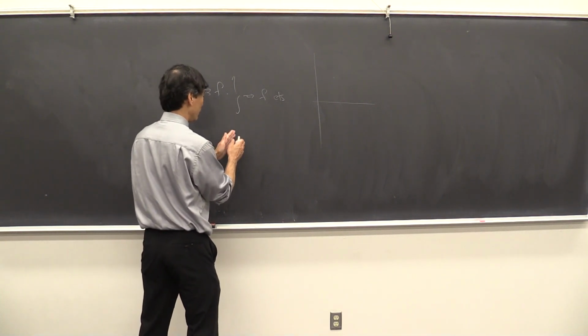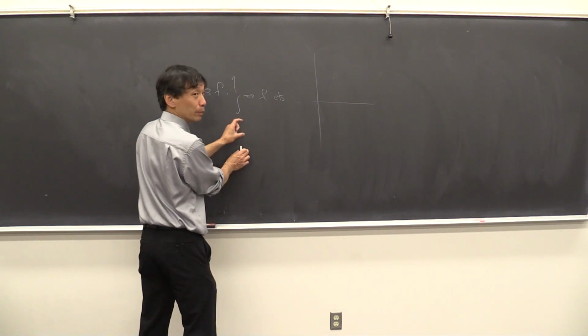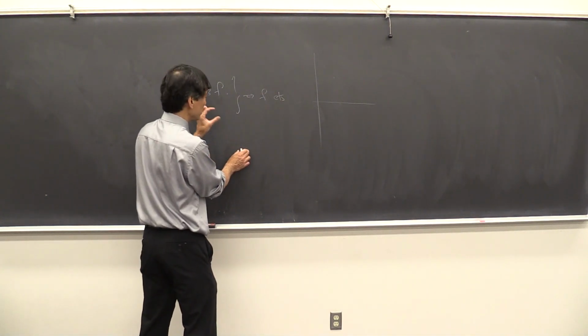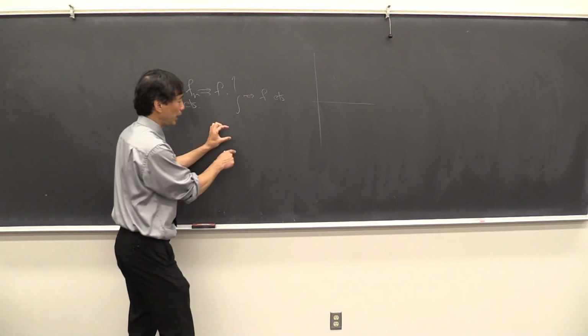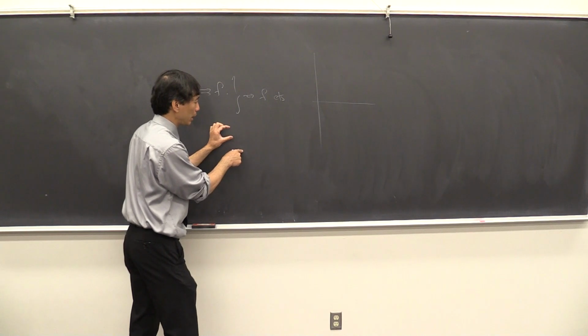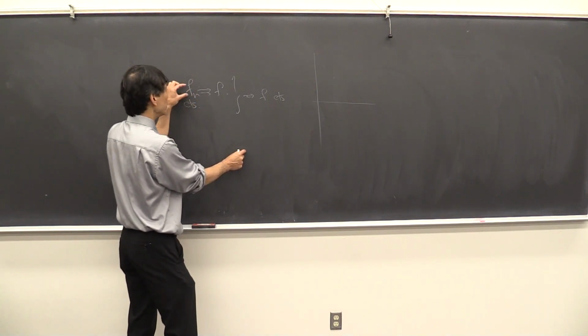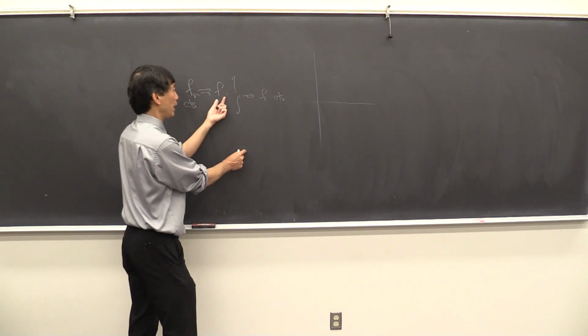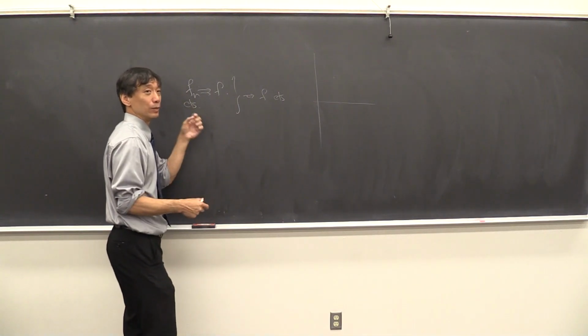Continuity means that at every point you can find a neighborhood in which it doesn't jump too much. Well, if I can do that for f sub n, and I can make f as close as I want to f sub n, then f is going to be continuous too. So that's the intuition.